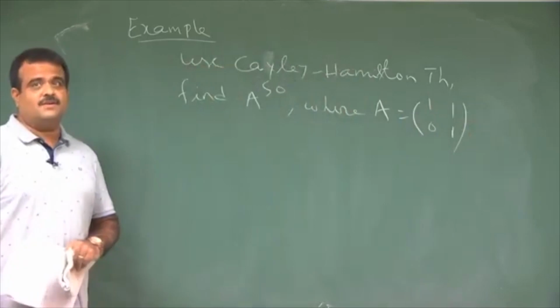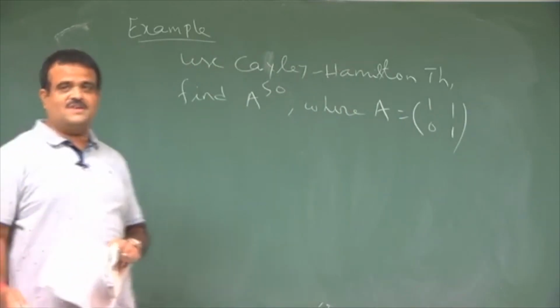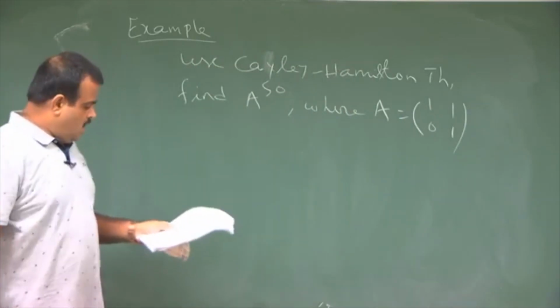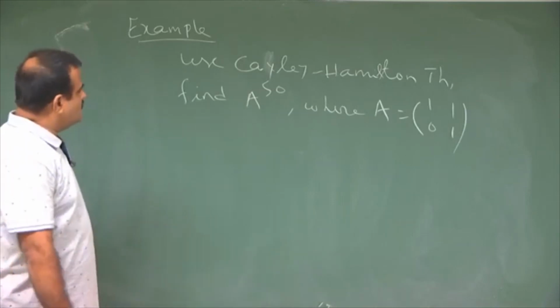It is not identity matrix. If it is identity matrix, the 50th power is again the identity matrix. Okay.